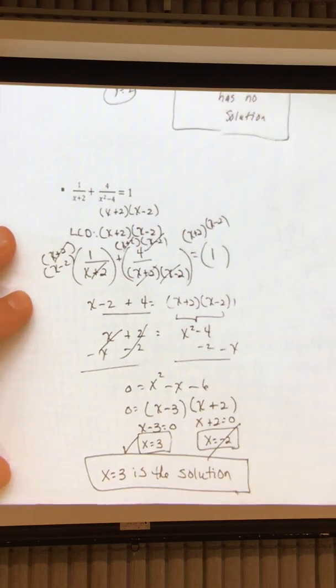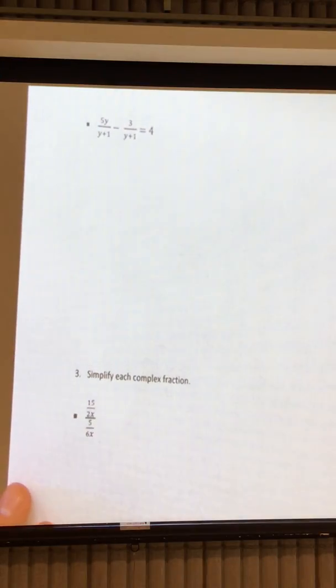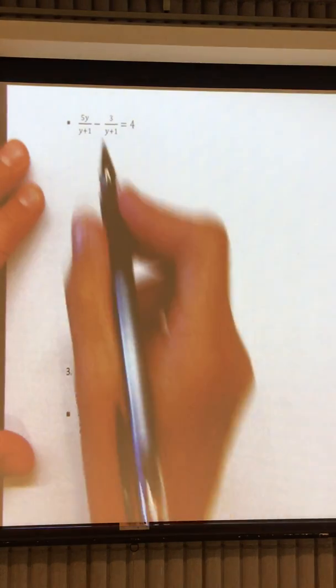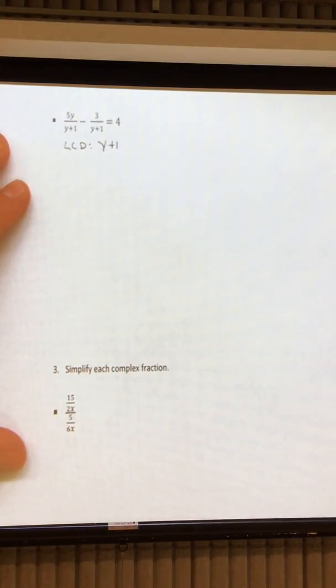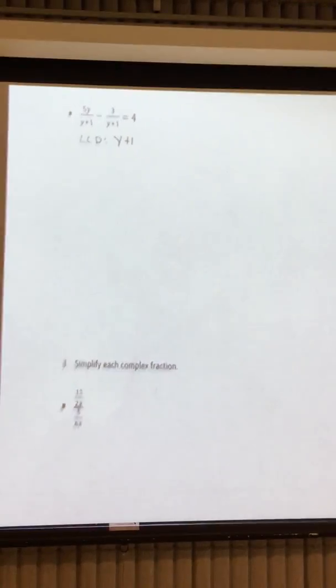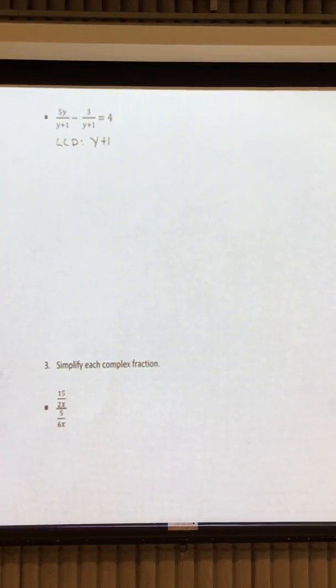Moving on to the next example of number 2. Again, looking at your denominators, your denominator is y plus 1, which means that is our least common denominator. So we multiply all fractions by y plus 1.